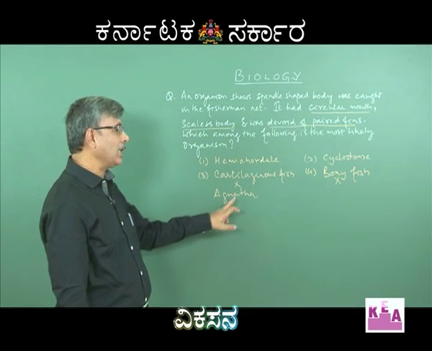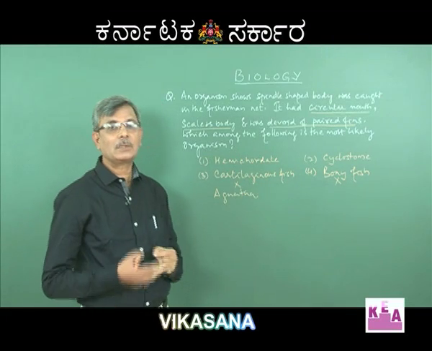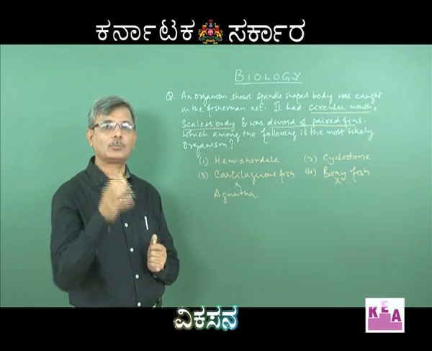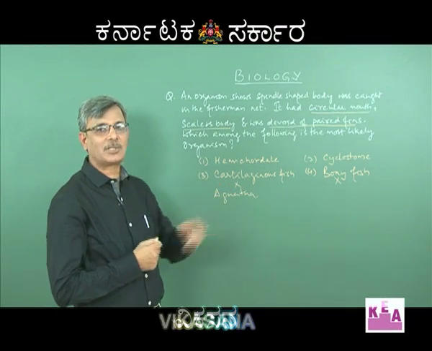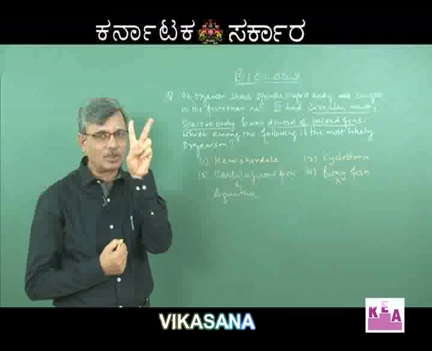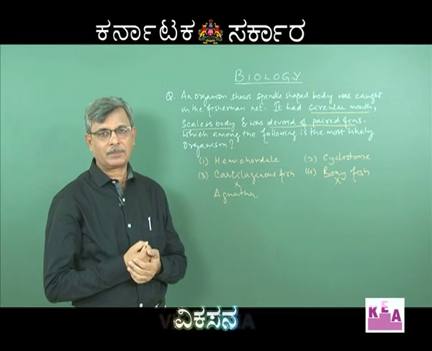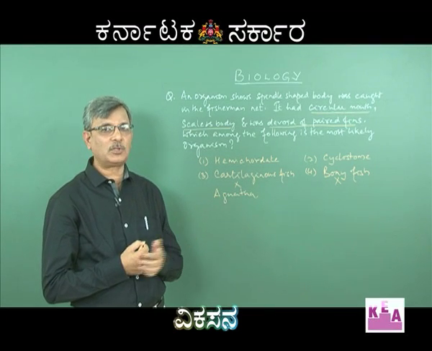Agnathans include a class called Cyclostomata, circular mouth, cyclostome. The organisms have a circular mouth because jaws are absent. Two examples you have studied: one is lamprey, the other is myxine. Lamprey is called Petromyzon. Myxine is a hagfish.